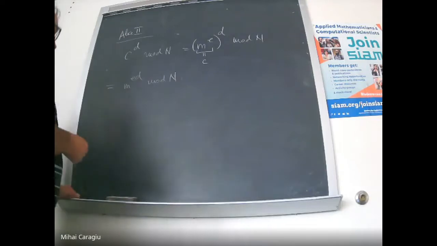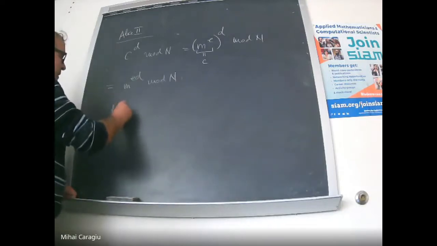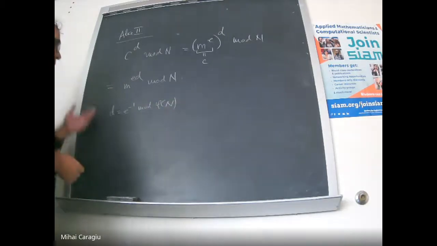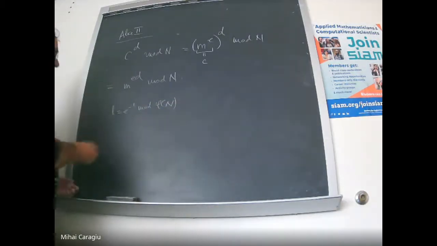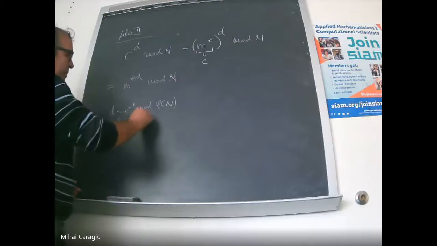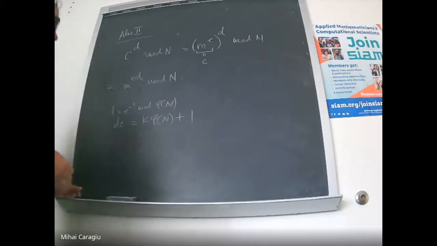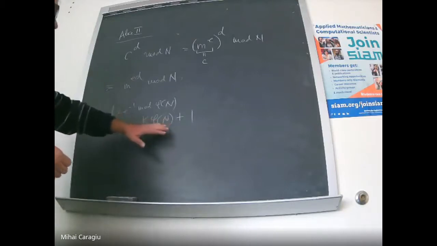Now, note that D is e inverse modulo phi of n, by the way it was designed. So that means D times e equals a multiple of phi of n plus 1. That's what it means being 1 modulo phi of n.